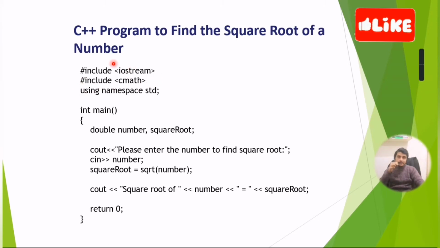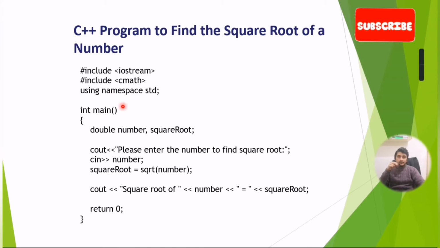For example, we need to find the square root of a number. We use the standard includes: #include <iostream>, #include <cmath>. So it's not just the input output stream, we are going to use some mathematical function from the storage behind. That's why we put #include <cmath>.